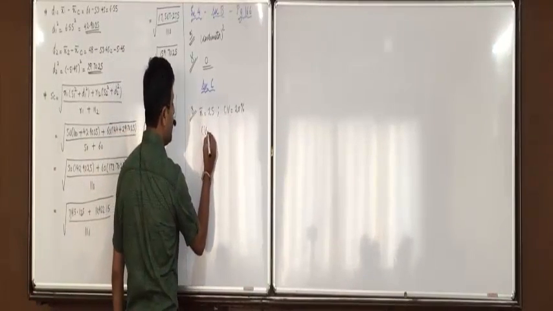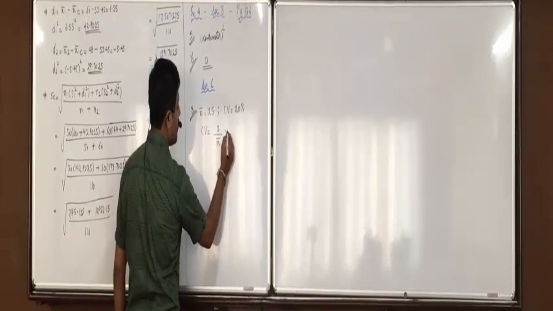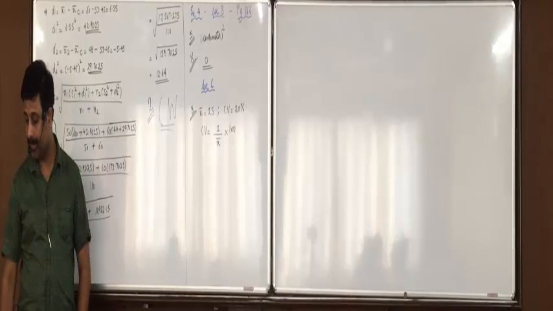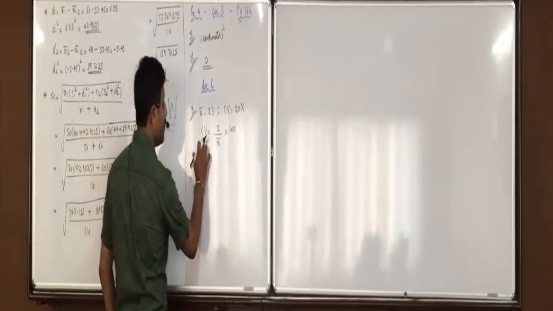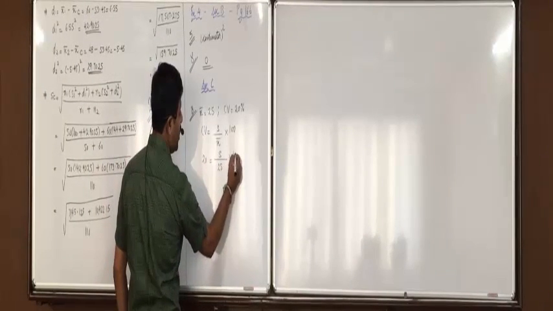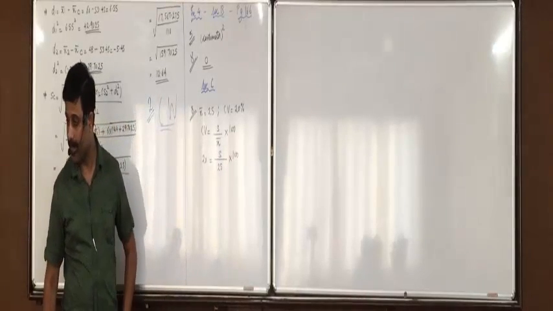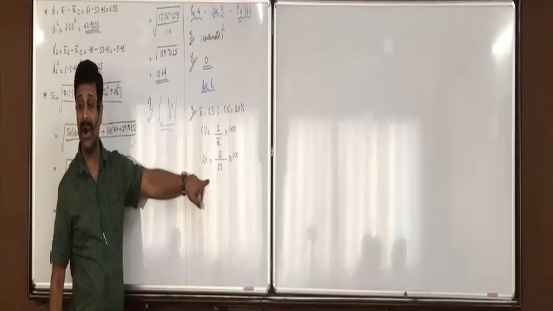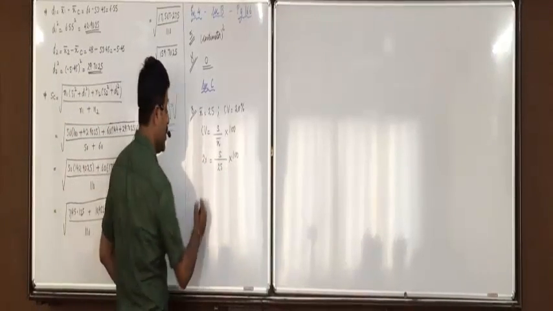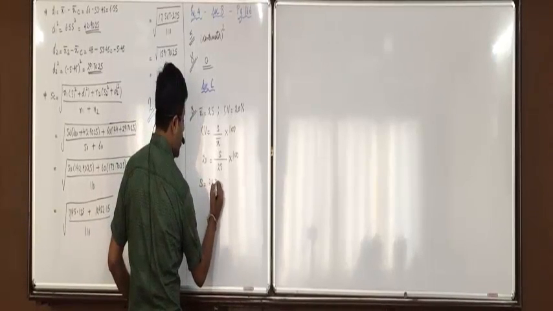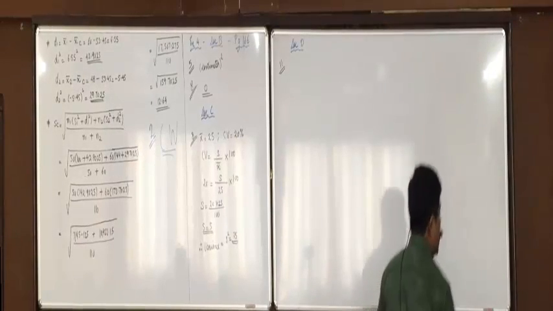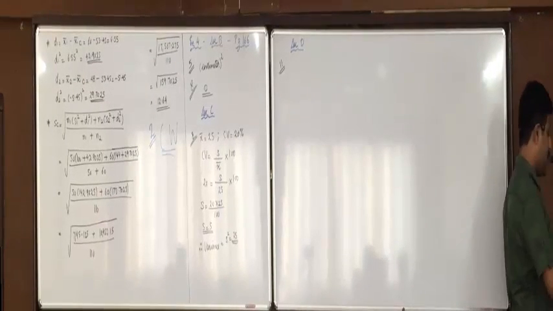So first let us apply CV's formula and find S. CV equals S upon x bar into 100. What will you put in CV? 20 equals S upon x bar 25 into 100. Now here 25 is divided, so on the other side it will get multiplied. Here 100 is multiplied, so on the other side it will get divided. So can I say S equals 20 into 25 divided by 100? That is 5.